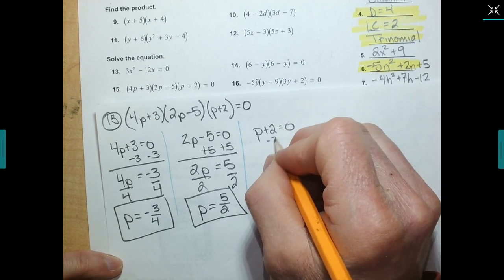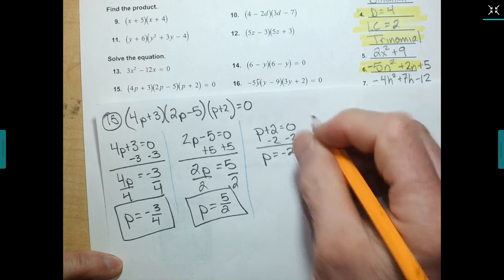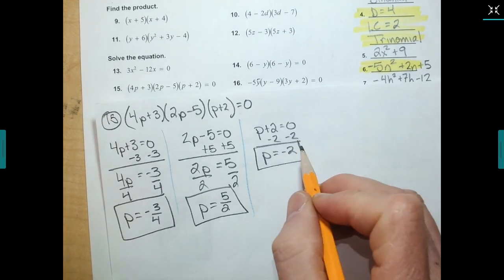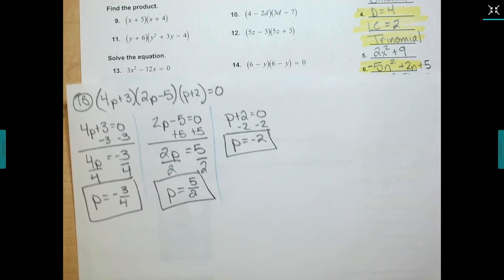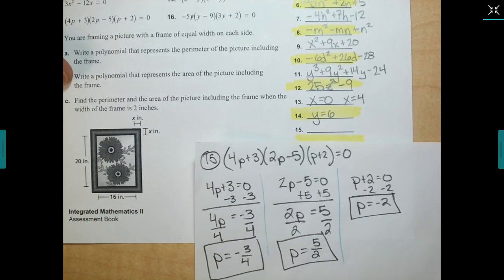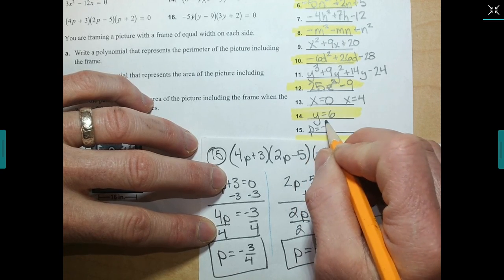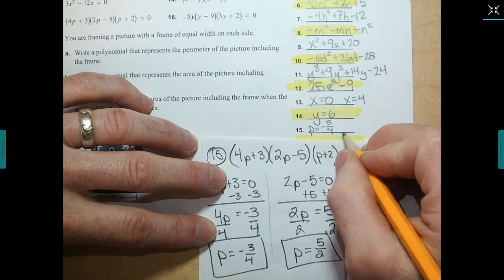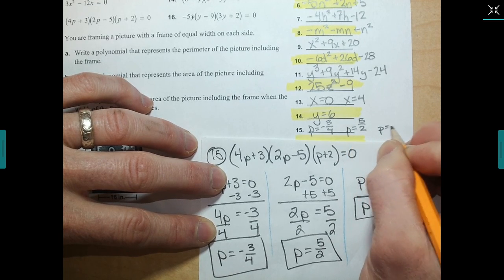And right here, subtract 2. P equals negative 2. Oh, done. So I have p equals negative 3/4, p equals 5/2, and p equals negative 2. Number 15.